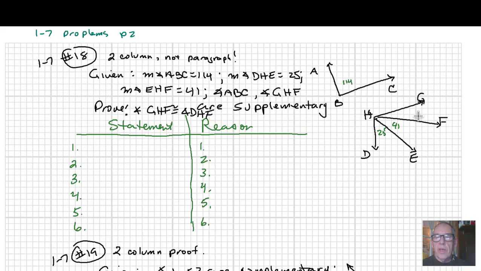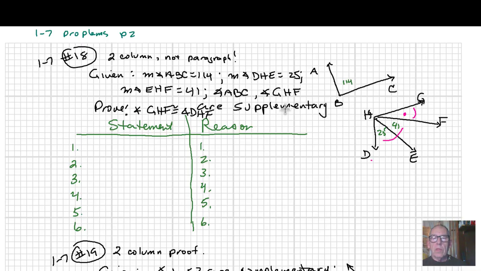So this angle GHF is supplementary to a 114 degree angle. GHF is also supplementary, let's see, this GHF angle is supplementary to this DHE angle.